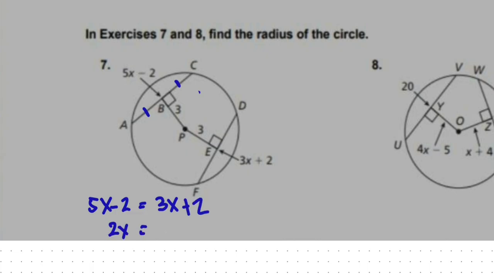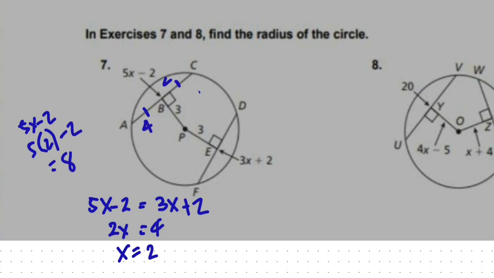So that is 2x equals 4, x is equal to 2. Therefore, this chord is 5x minus 2, 5 times 2 minus 2, that is equal to 8. So that means this one is 4 and this one is 4.